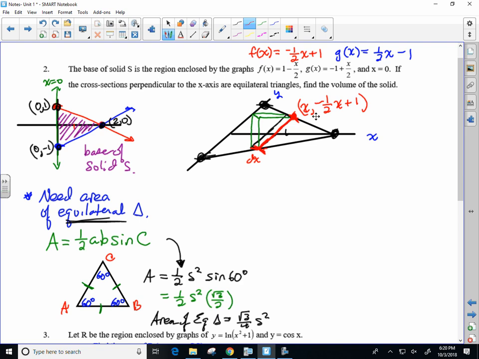So if I needed to find a particular coordinate, I might plug in a 1 for x, but to figure out the corresponding y, I'd plug in a 1 to this equation and see what I come up with. So x comma this would end up being the coordinates of that point. Now, the other point down over here would have coordinates of x comma 1/2 x minus 1.